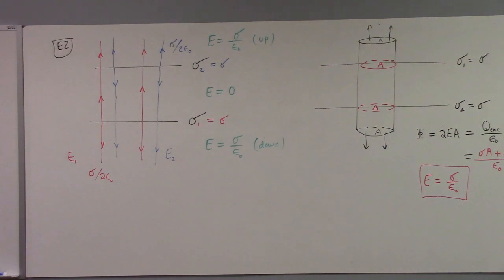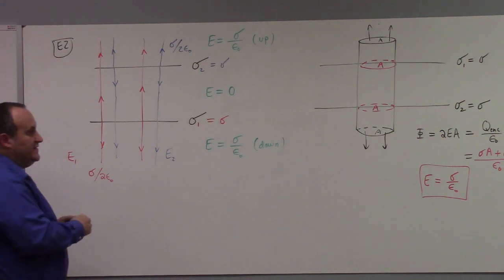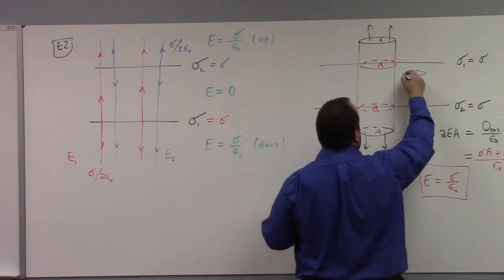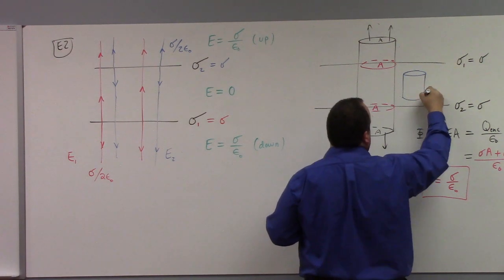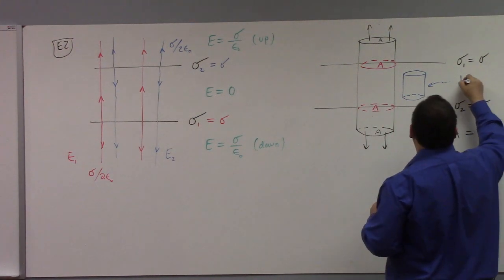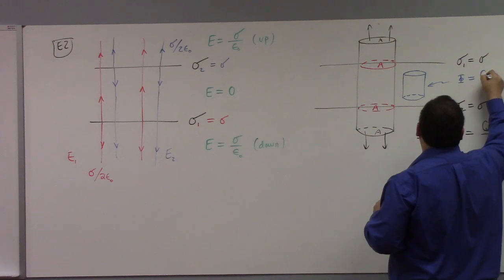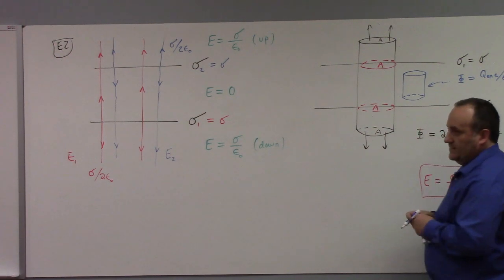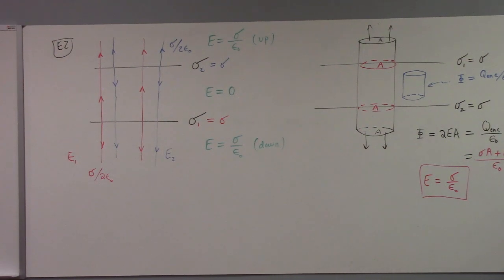How about the middle? What if I drew a Gaussian cylinder between these planes? Again, we can say that the flux is equal to Q enclosed over epsilon naught. When does Gauss's law not apply? It's a law, right? So, game over.